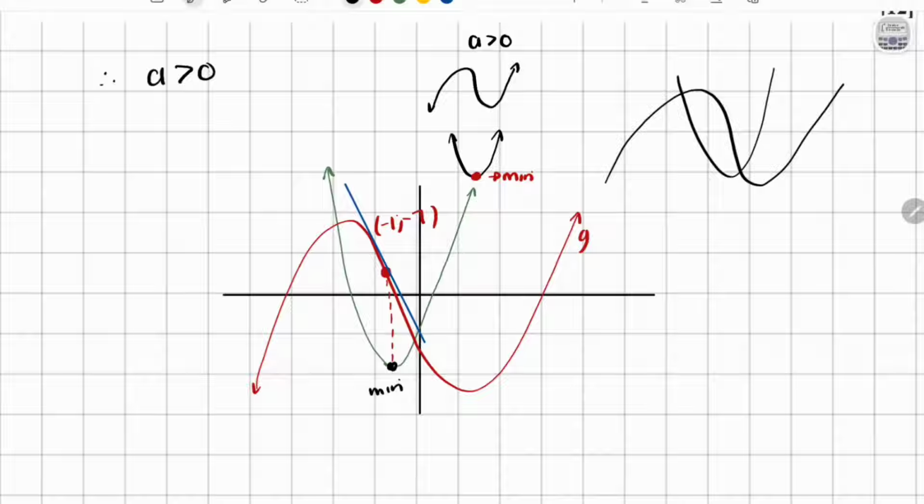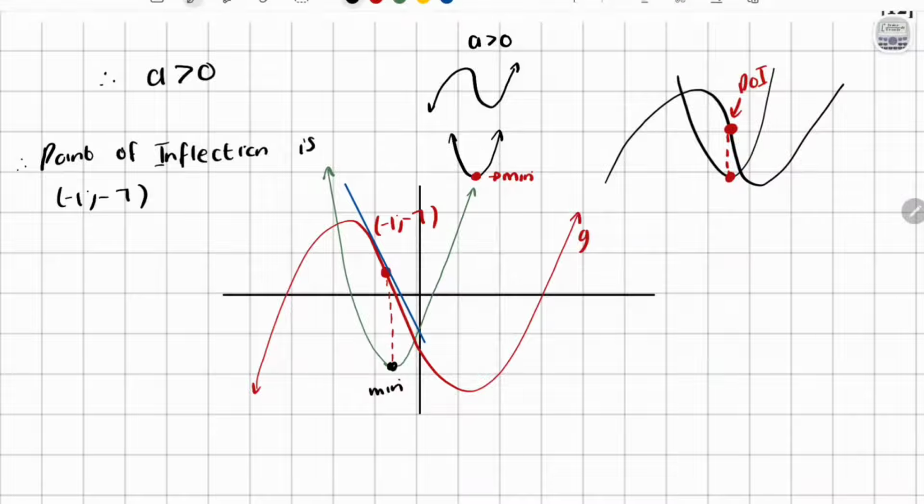Something you should remember is that the point of inflection of this cubic function, that x value, is going to be the exact same x value as the turning point or that minimum value of your parabola. They're going to be in line with each other. So since we have a minimum gradient here, and this is perfectly in line with this point, which is -1 and -7, that means that that point is your point of inflection. So we know the point of inflection now. So I'm going to just say that the point of inflection is -1 and -7.